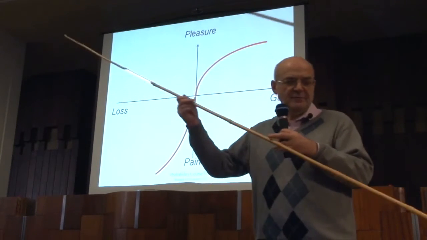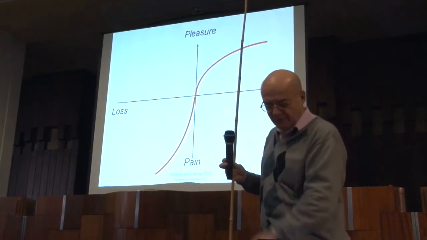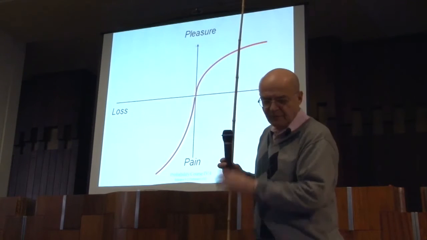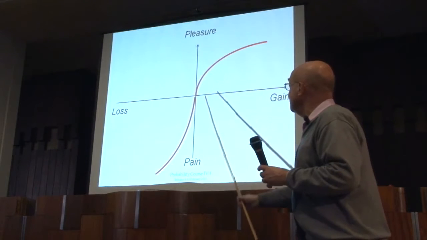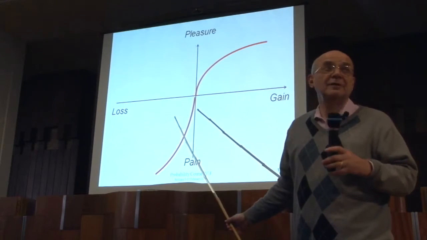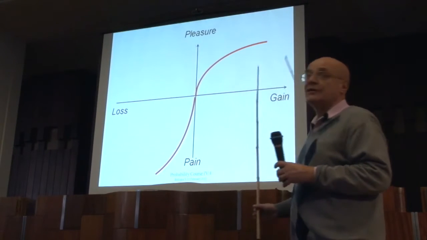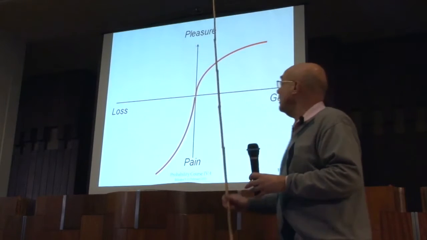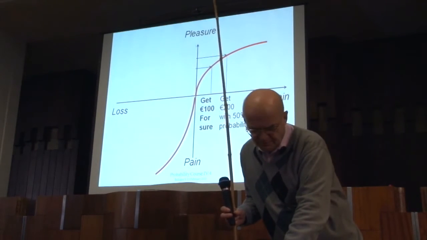So here we have pleasure and pain, or prestige, something emotional, and then we have this monetary x-axis. But everything is not decided by money.